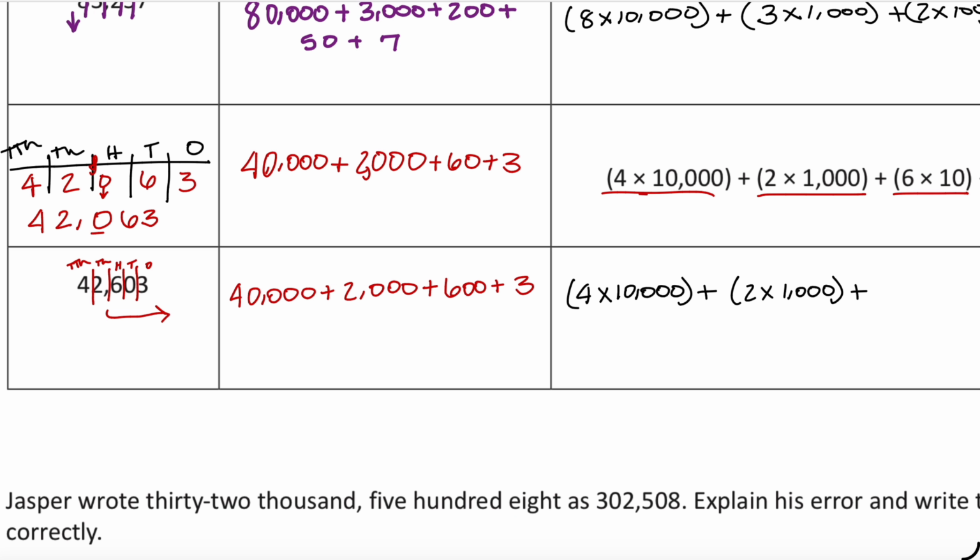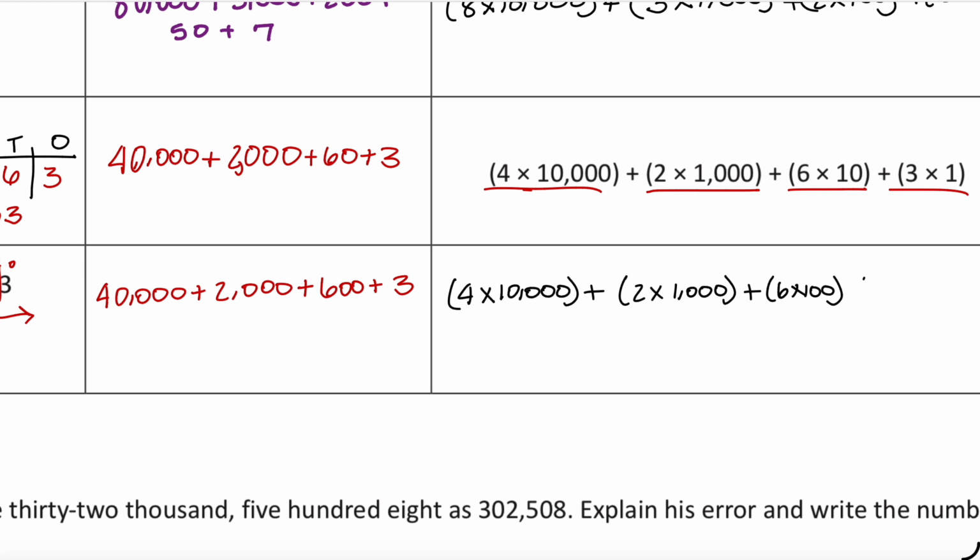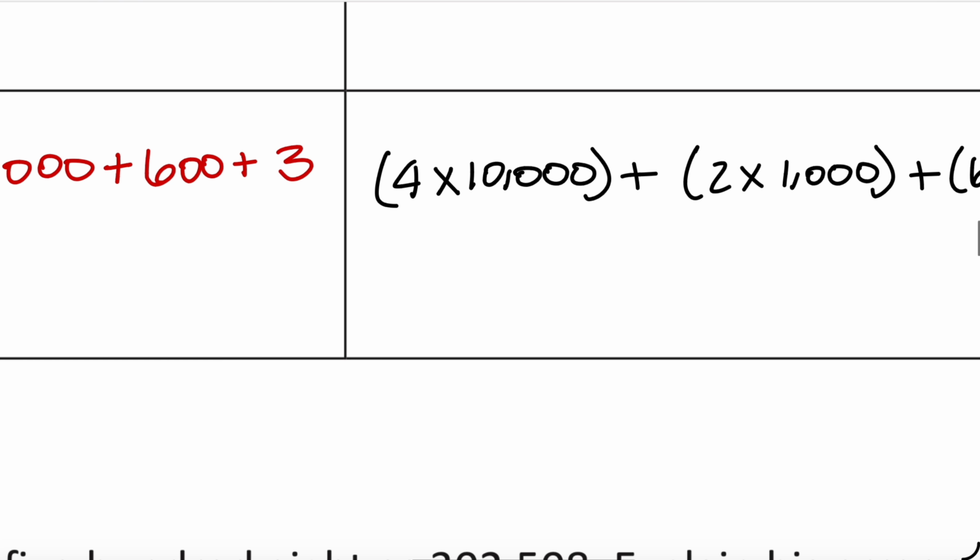Plus, what place is the 6 in? 6 times 100 makes 600. And then 3 is in the ones place. So don't forget the plus. 3 times 1. Okay, and I know that if I have 4 10,000s blocks, that makes 40,000.